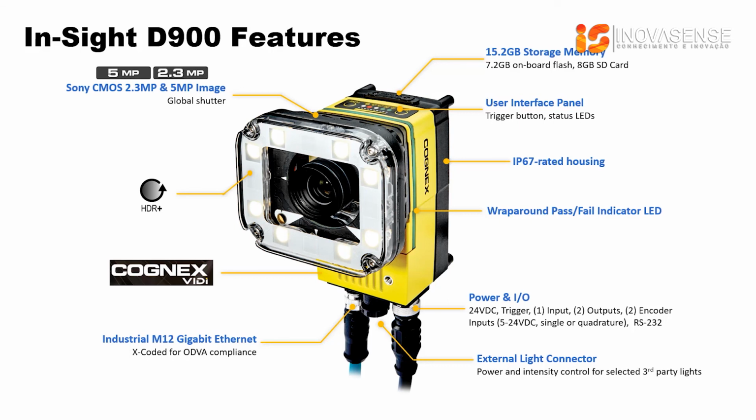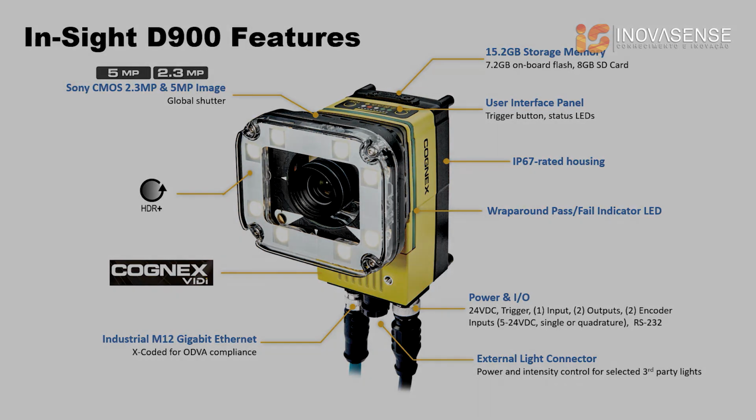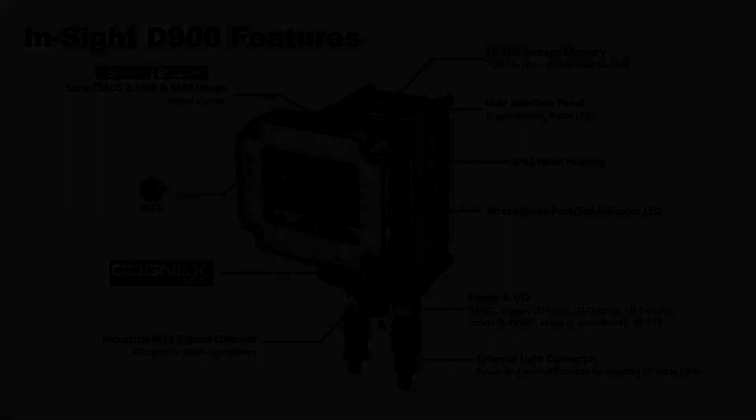But of course, the real measure of a vision system is the power of the vision tools like PatMax Redline, HDR+, and deep learning tools, which are designed to work in the real world with accurate, reliable results. The Insight D900 Smart Camera is the most flexible and powerful vision system in the world, designed so you can solve the most demanding vision applications quickly.